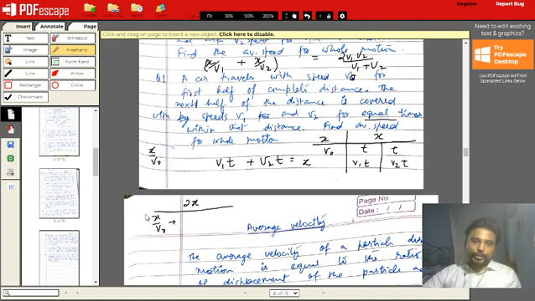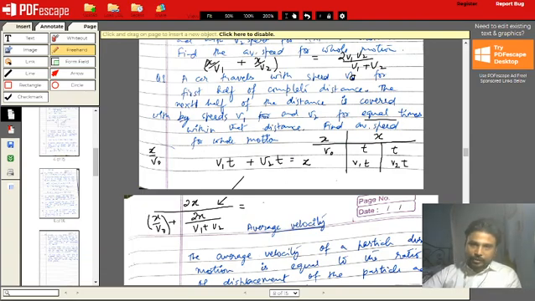So 2 into t would be equal to 2x upon v1 plus v2. Total distance upon time in the first half plus 2 into time for the second half, which you can draw from here. The value of t we have used from this equation.